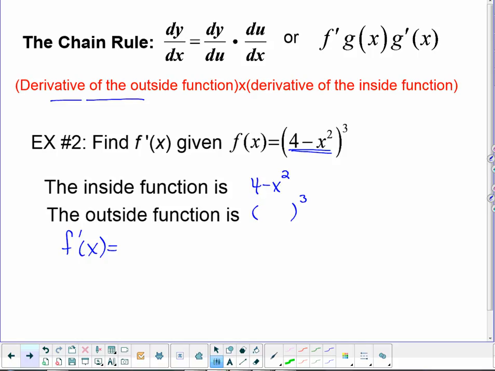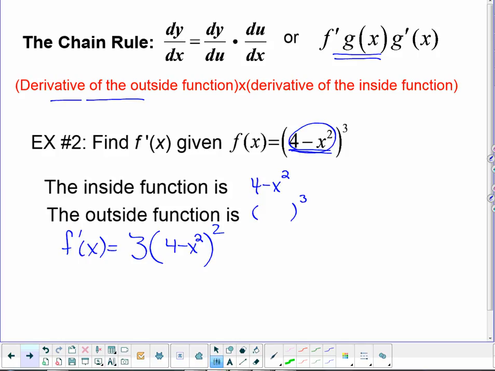And the outside function is a cubing function. So I'm going to have 3 and then a power of 2. 3 comes down, and then I subtract 1 power from that, and it brings me to a power of 2. Inside that, I evaluate it using g of x. So g of x goes in there, and what is my g of x?